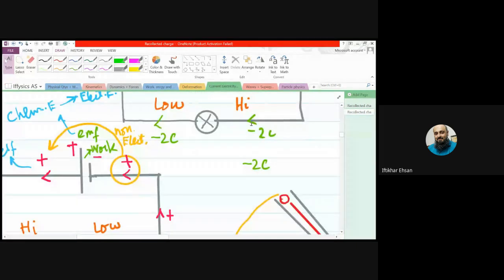The number of electrons or charges entering is equal to the number leaving, so the amount of charge is not used. Then what is used? When charges enter the appliance, they have higher energy, and when they leave, their energy is decreased.